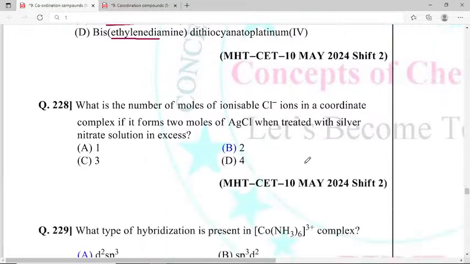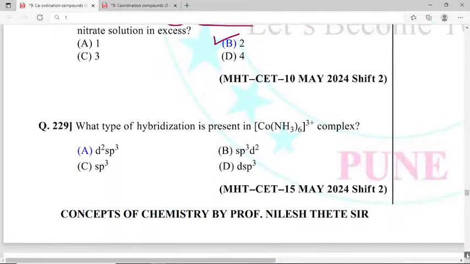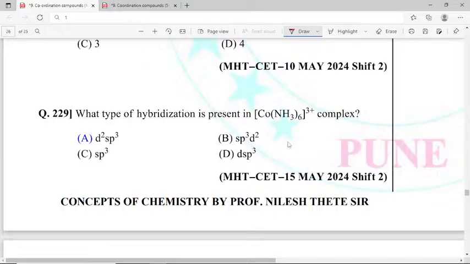What is the number of moles of ionizable Cl- in coordination complex? 2 moles of AgCl when treated with silver nitrate. So this is 2 mole. No? If there is 2 mole, so ionizable Cl are the same, equal, 2 moles. What type of hybridization is present in Co(NH3)6 3+ complex?